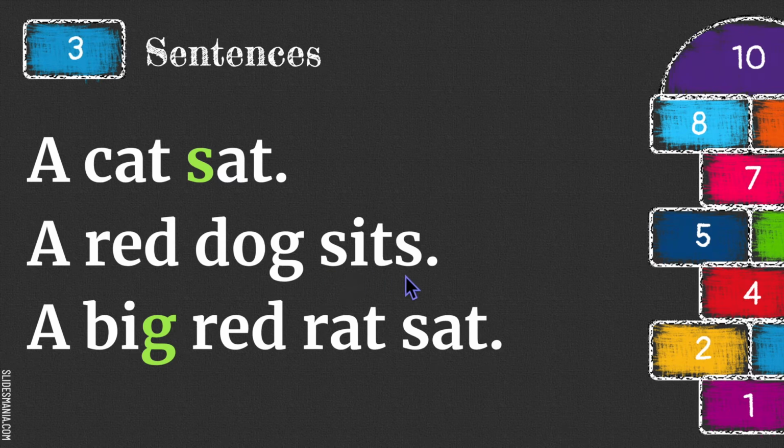Sits, sits. A red dog sits. Here we're going to use the hard G sound of G. Big, big. Red, red. Rat. Sat, sat. A big red rat sat.